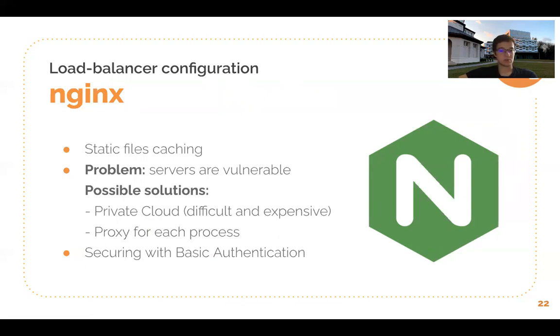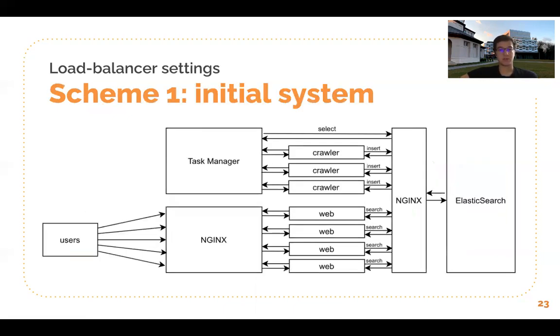So we had 2 solutions: to create a private cloud, which is a little bit difficult and expensive, and the other solution, which we have chosen, was to put a proxy before each process that would perform the authentication. And this was our solution, and we have secured all of our processes, almost all of our processes, with basic authentication with Nginx.